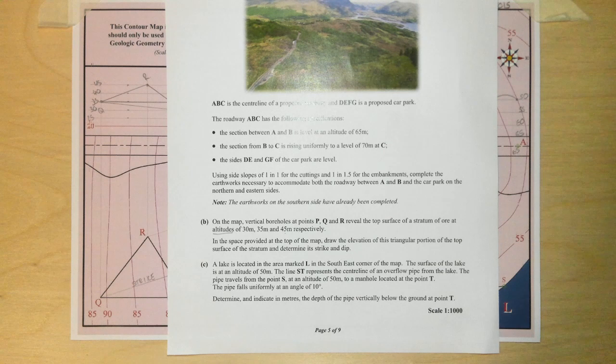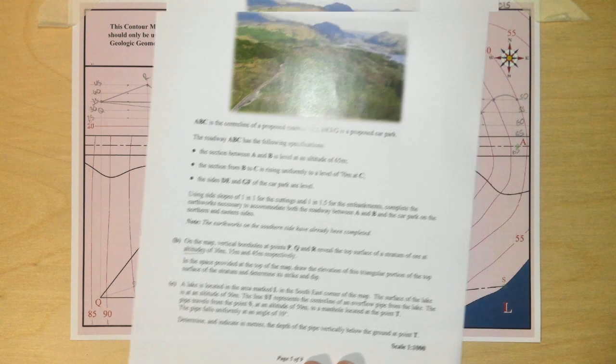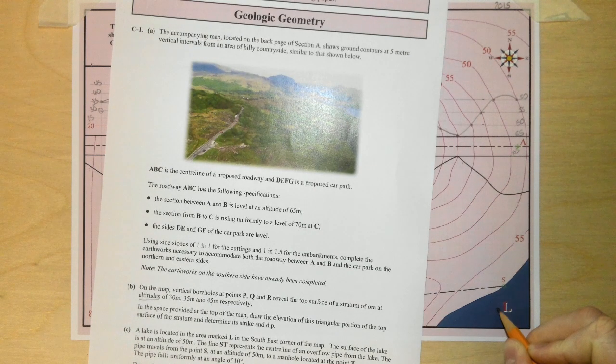Part C now, a lake is located in the area marked L on the southeast corner of the map. The surface of the lake is at an altitude of 50 meters. So I'm just going to write 50 there on that. The line ST represents the center line of an overflow pipe from the lake.